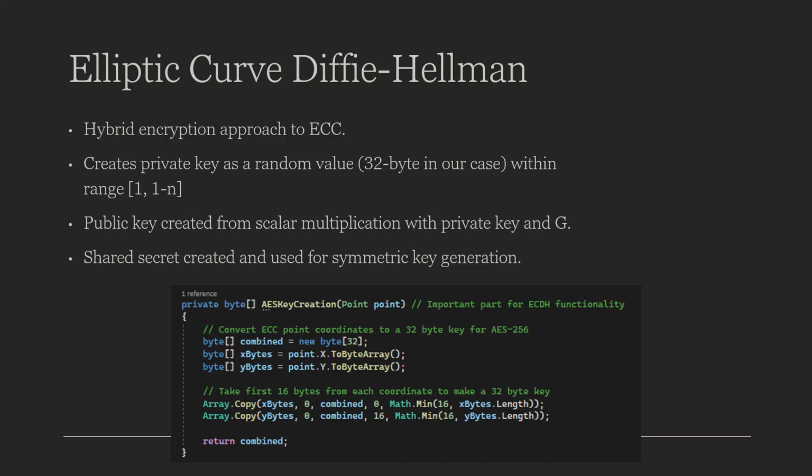So I pass the shared secret as a parameter to this function, and it takes the first 16 bytes of the x coordinate of the shared secret, because it's a point on the elliptic curve, and it takes the last 16 bytes of the y coordinate of the shared secret, and it combines that into our AES key. And we then pass it to the AES function that I implemented last semester to encrypt and decrypt our data.